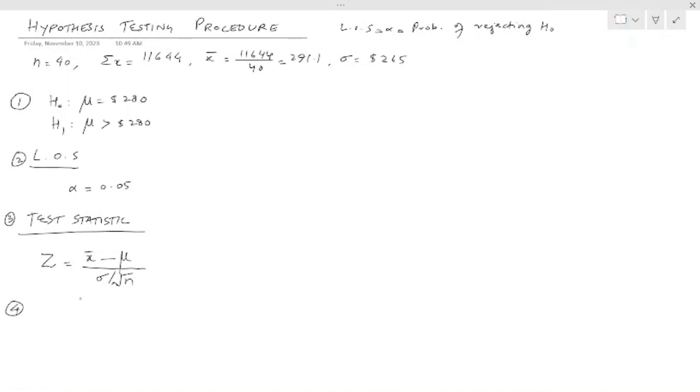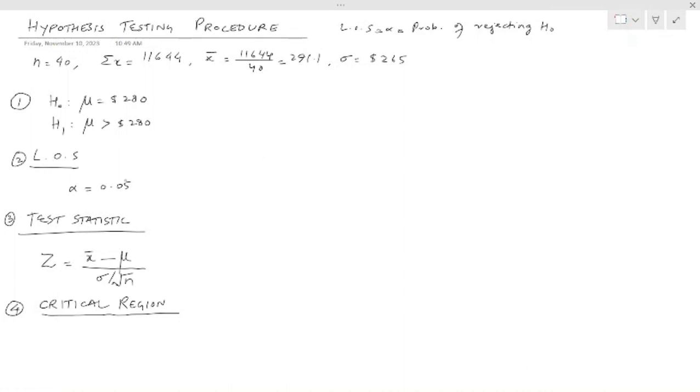Now step number 4, we need to define the critical region, that is the condition under which our H naught would be rejected. In this step we will incorporate the information from step number 1, step number 2 and step number 3. In step number 1 we are given the nature of the test, and it is a right tail test, which we can identify on the basis of the greater than sign in the alternative hypothesis.